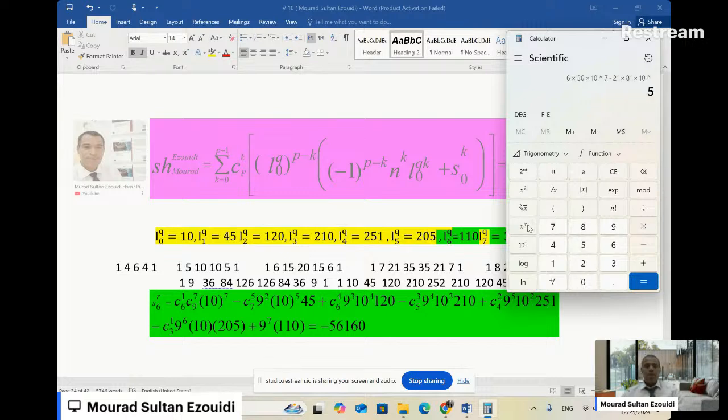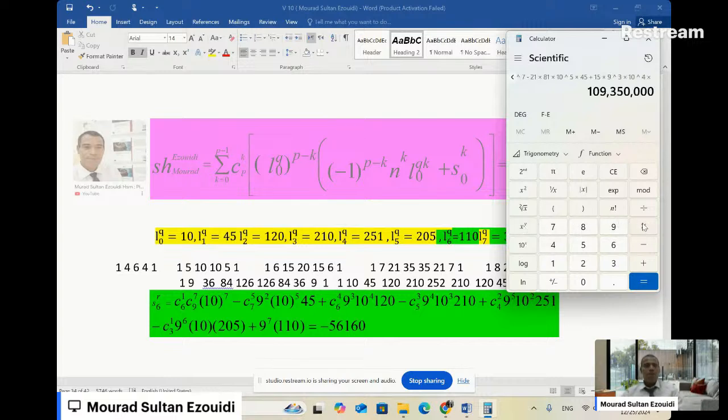Multiply by 45. Then plus 6 choose 4 is 15. Plus 15. Multiply by 9 cubed, 9 raised to the power 3. Multiply by 10 raised to the power 4.